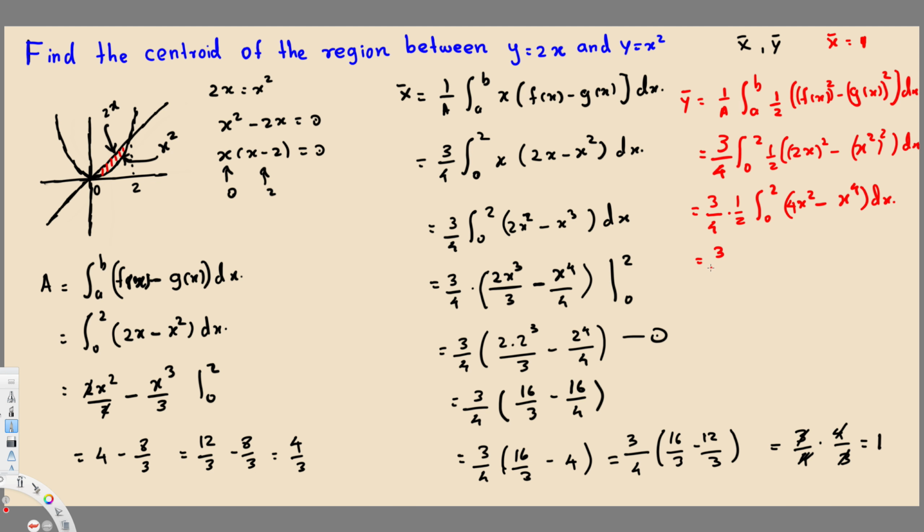So it's going to be 3 over 8, and if you do the integration, that's going to be 4x cubed divided by 3 minus x power 5 divided by 5, going from 0 to 2.